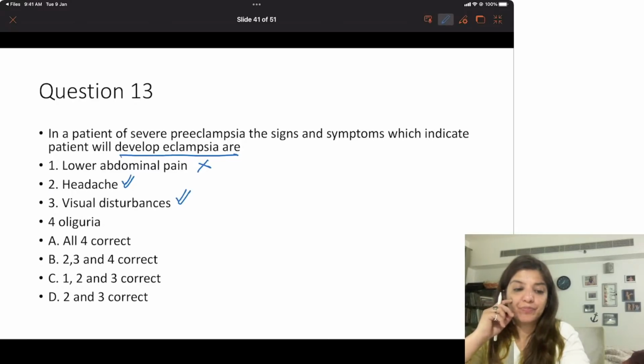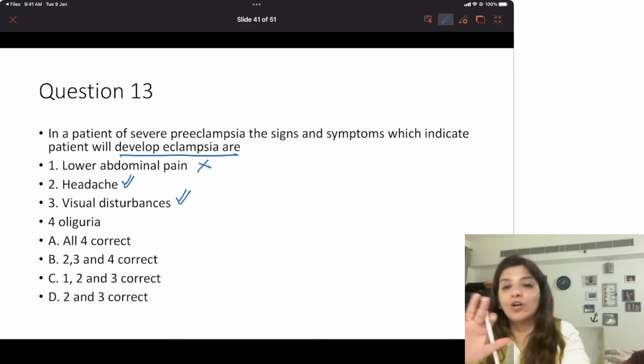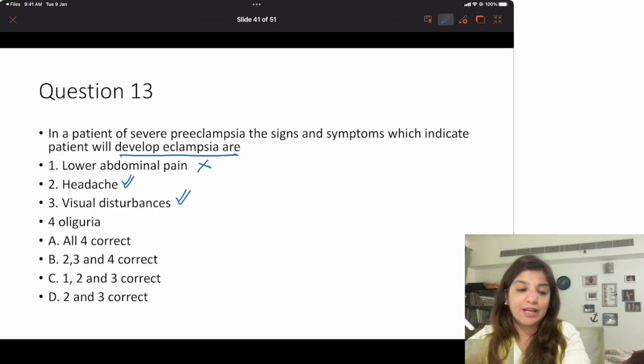Yes or no? I know all of you were very confused regarding epigastric pain. So lower abdominal pain is not seen, and that is why I made you write epigastric pain. Now tell me, is oliguria a sign of impending eclampsia?